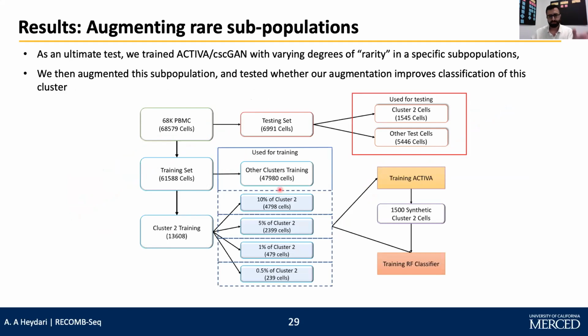So we do this experiment where we progressively decrease the number of samples that we use to train ACTIVA for a specific cell population. Once we train ACTIVA, we generate the cells from that population that we downsampled, and we put them back into the data. So we augment the original data, and then we do a classification to see how well we classify.